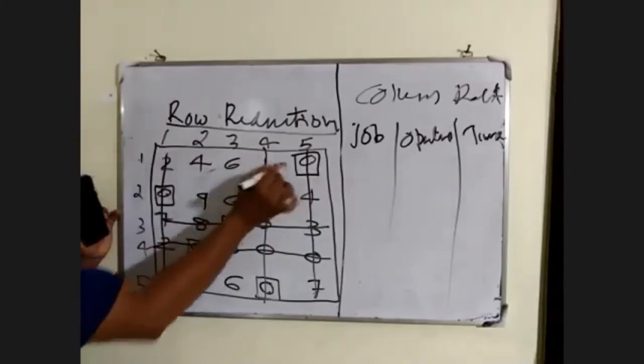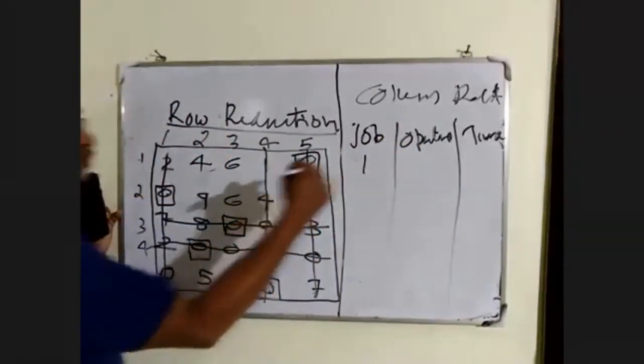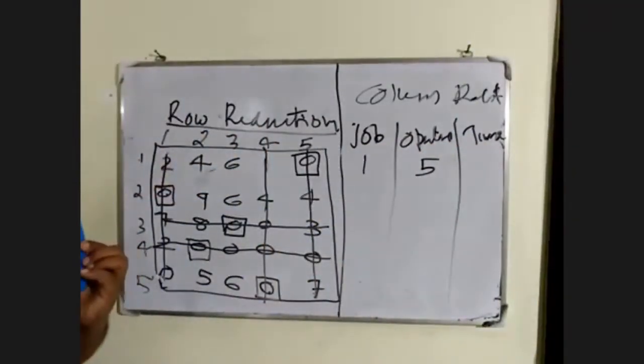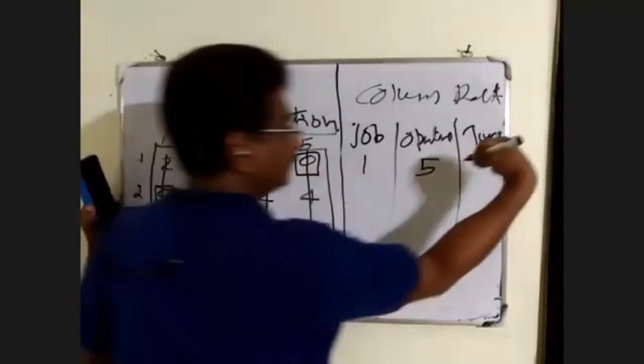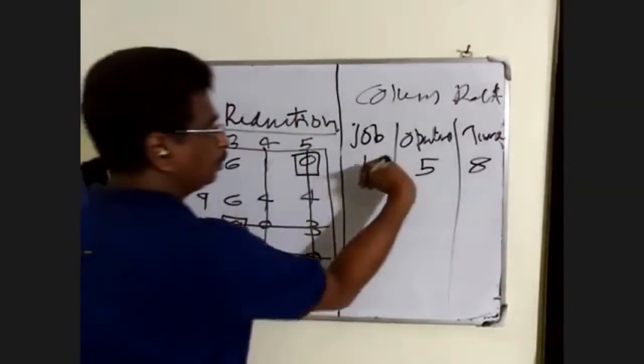First job should be given to which person? Fifth person. For the time, look at the original table. What's the time? 8. Very good.